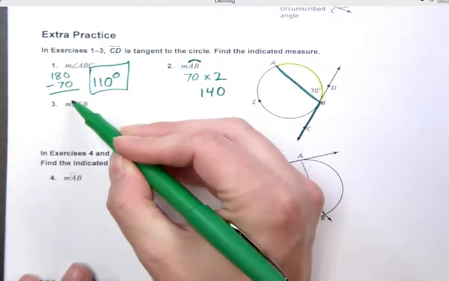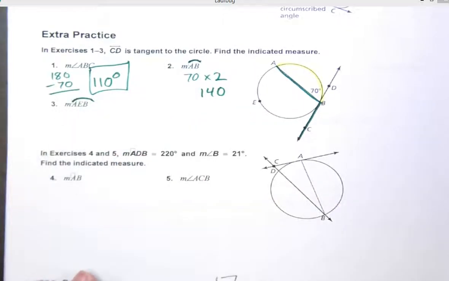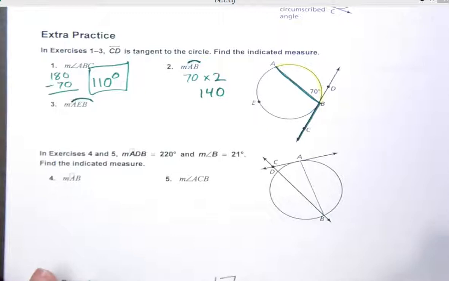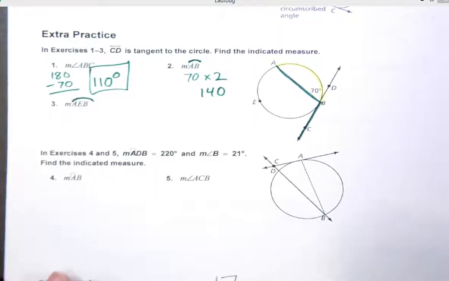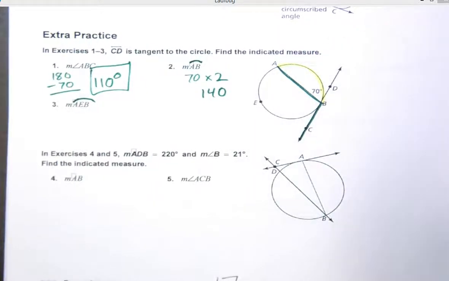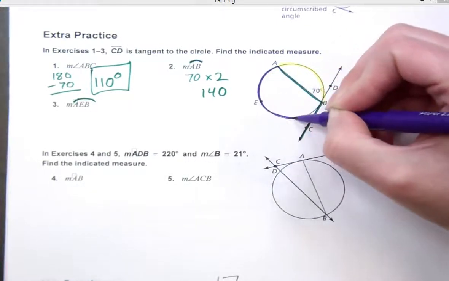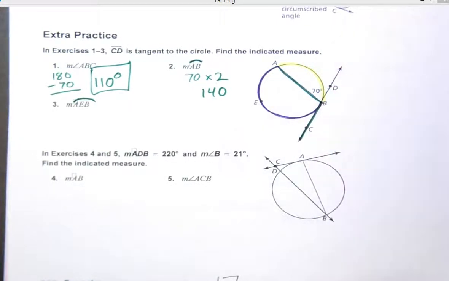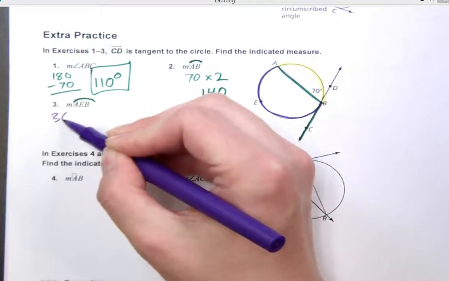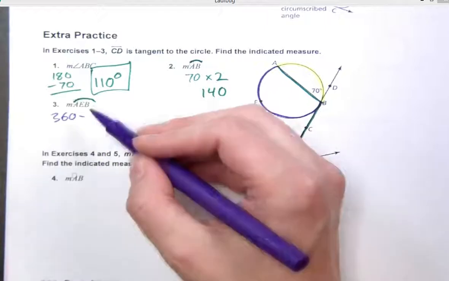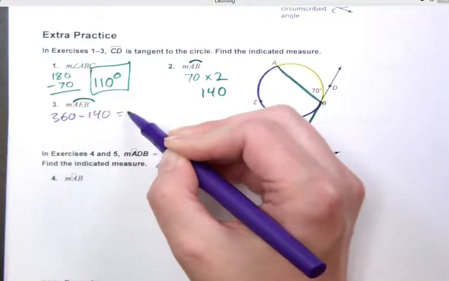Alright, this last one is asking us for arc AEB. What does it mean when there's 3 letters in an arc? It's a major arc. So we're going to start here and go all the way around. How do we find that one? Yeah, so 360 minus the 140 that we already found equals 220.